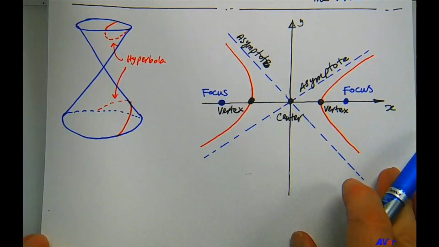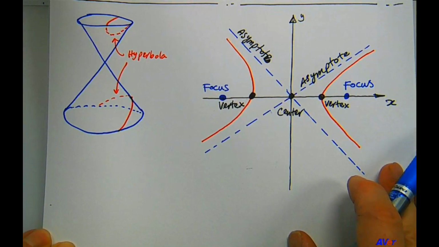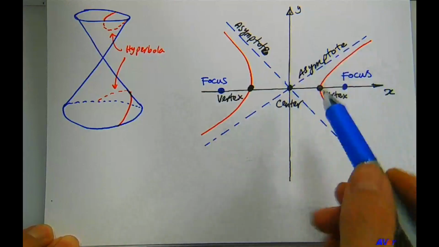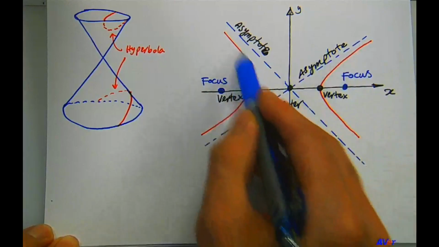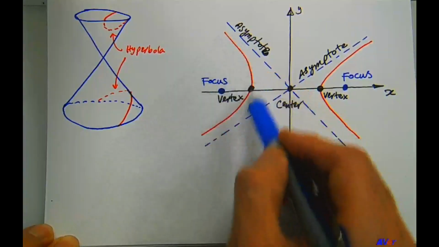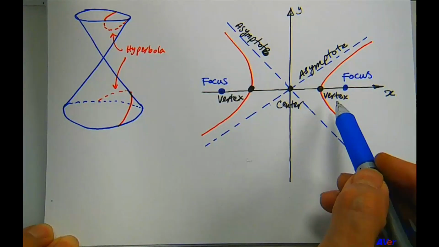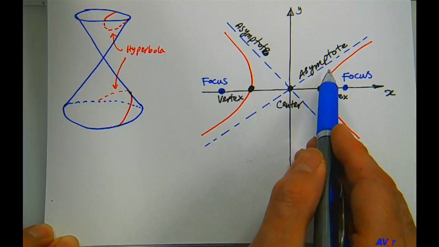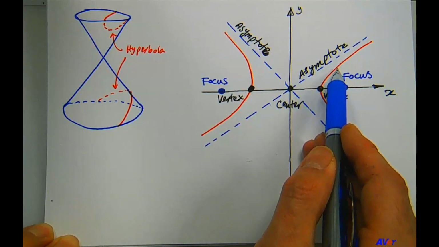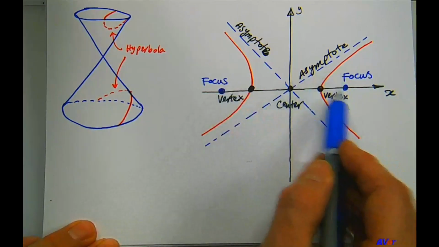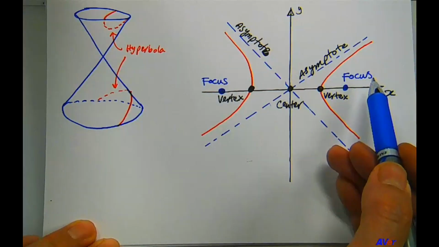Okay, so what is a hyperbola? A hyperbola is the set of all points, that means the red lines that you see, such that the difference in the distance between any of those points and 2 fixed points is always a constant.